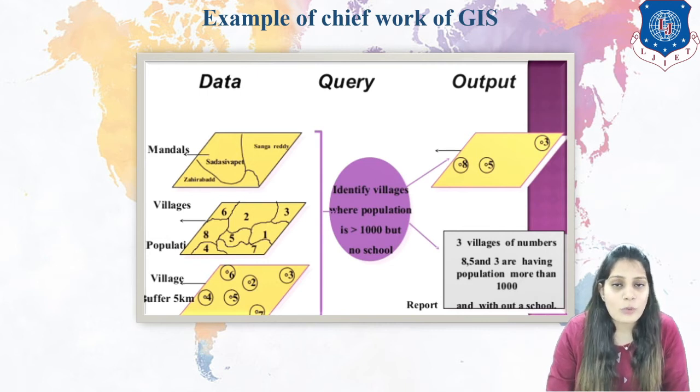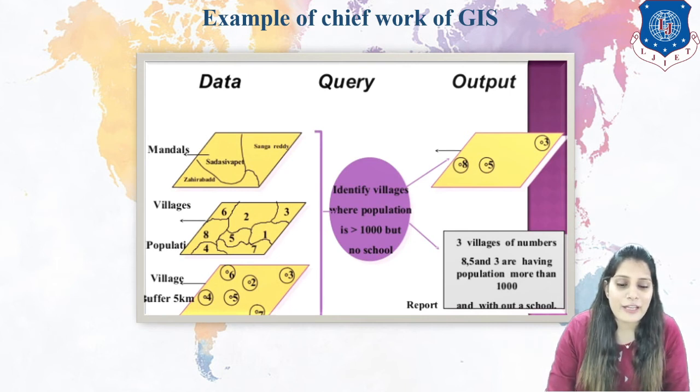So from all the data layers, you can see they have shown me that villages 8, 5 and 3 are the ones that have the population I mentioned in the query, right? So see the output I have shown: 3 villages, numbers 8, 5 and 3, having population more than 1000, right?